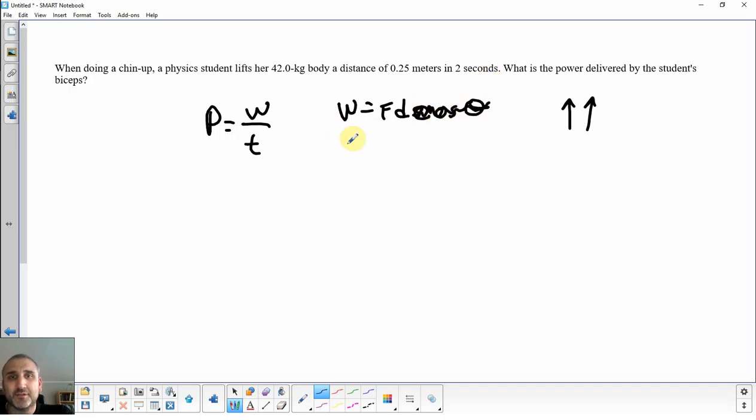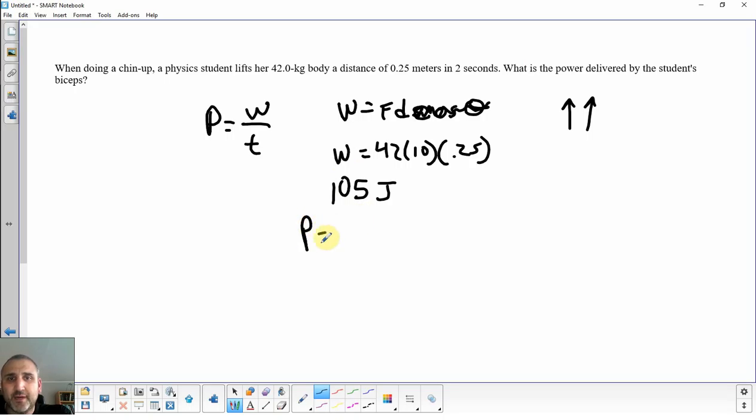So what that turns into is work equals the force, which is 42 times gravity, which is 10, times the displacement, 0.25. So 42 times 10 times 0.25, we end up with a work of 105 joules. But we're not asking for work, we're asking for power.